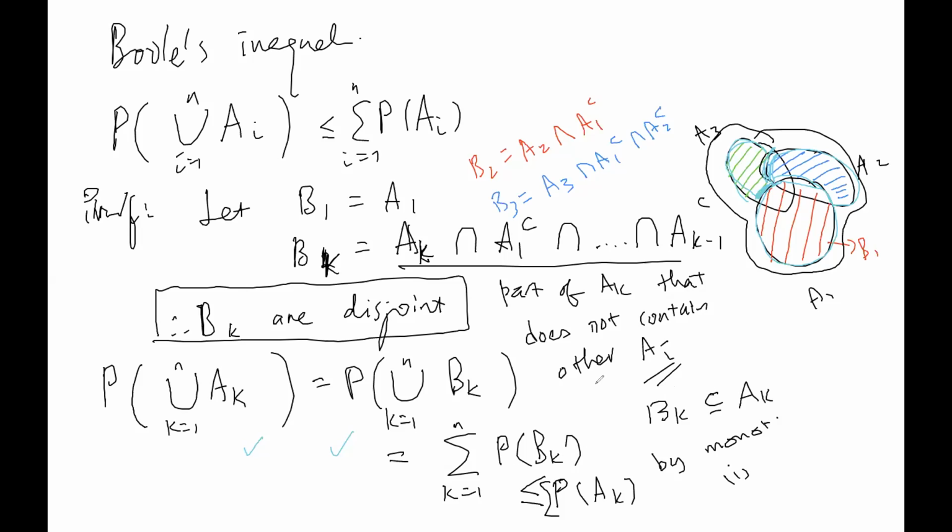So the argument is actually very nice. In fact, this whole argument is very lovely because of the way it constructs the disjoint sets, then takes their union, and then applies the monotonicity property. So it's a proof whose ideas are worth learning.